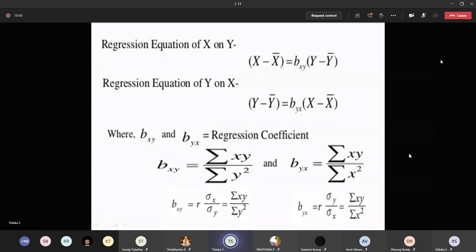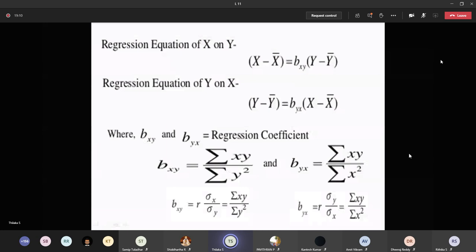The regression coefficient of x on y, the first one, b of xy, where x is the dependent variable and y is the independent variable, can be calculated with the formula sigma xy, small xy, divided by sigma y square. And b of yx can be calculated with sigma xy divided by sigma x square.